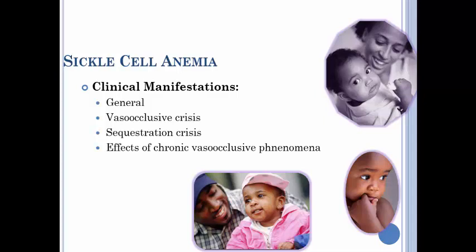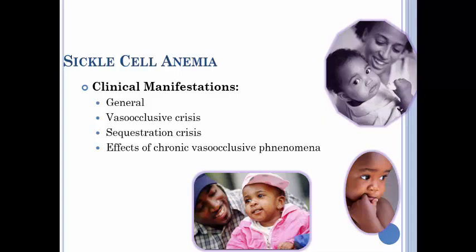In the sequestration crisis, pooling of large amounts of blood in the liver and spleen cause them to enlarge and can cause circulatory collapse. You can also see decreased blood volume and shock. With vaso-occlusive phenomena, you can have chronic cardiomegaly with murmur, altered lung function, and frequent pneumonia.